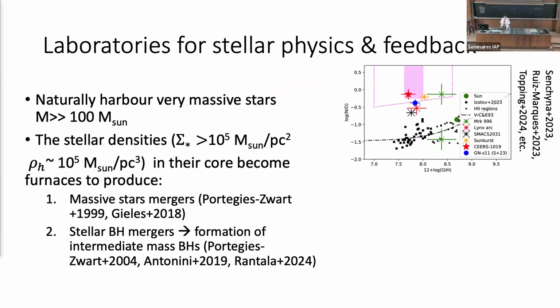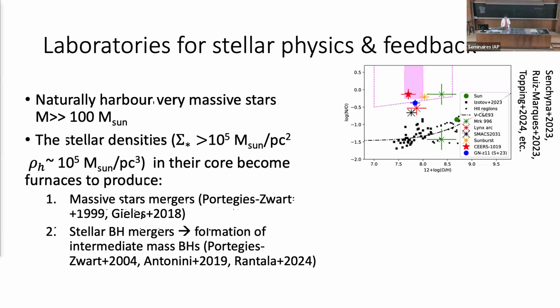If we also try to speculate, when we look at these stellar densities, what we know for sure is that these star clusters harbor very massive stars. In the local universe, in 30 Dor, we are looking at stellar masses of 300 solar masses, and it's not even a very low density environment.